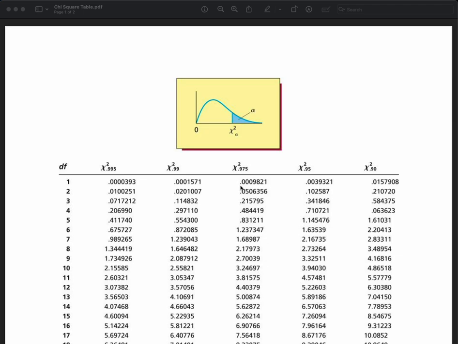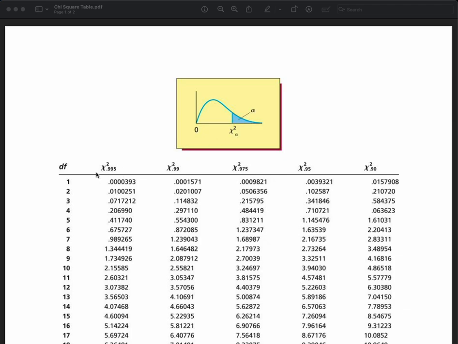So the organization of the table is very similar to our t-table. The graph here at the top shows that the chi-square values that the table gives us are chi-squares with a certain area to the right. And that area is the value written in the subscript of that chi-square sign.